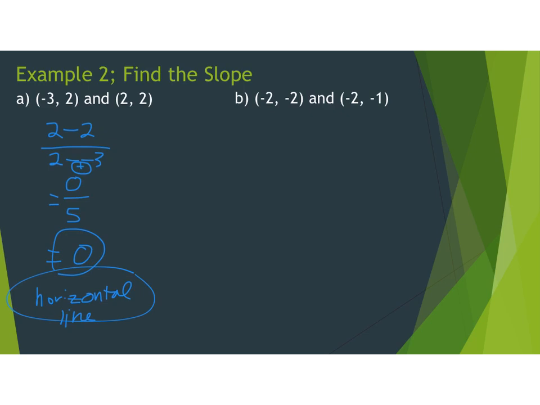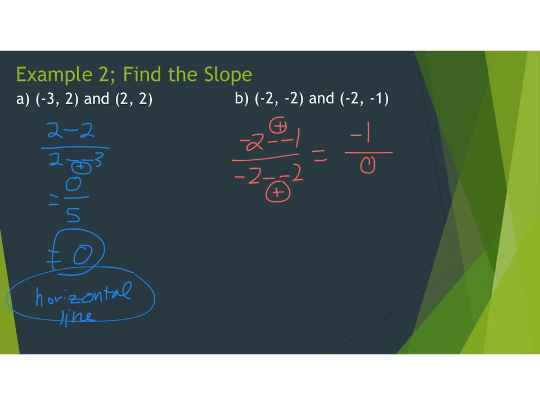And this next one, we have the point negative 2, and negative 2, negative 1. So we're going to put our y's on top. Negative 2 minus negative 1 over negative 2 minus negative 2, giving me negative 2 plus 1, which is a negative 1 over negative 2 plus 2, which would make it a 0.